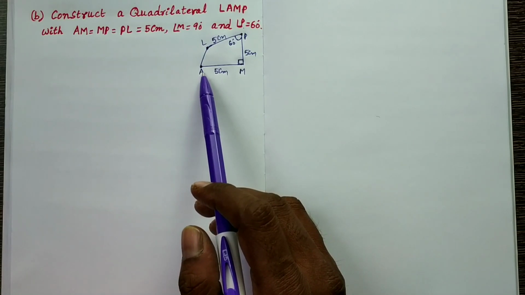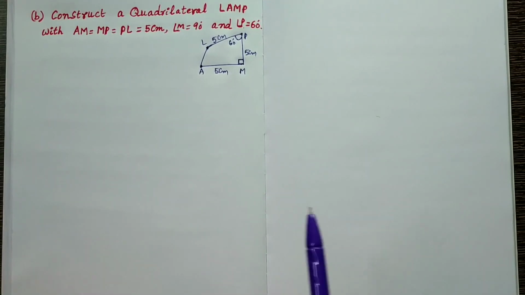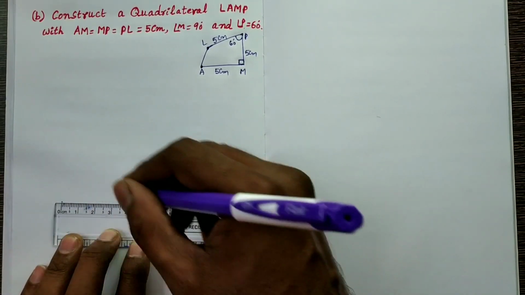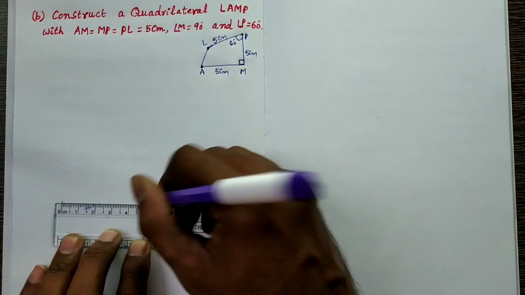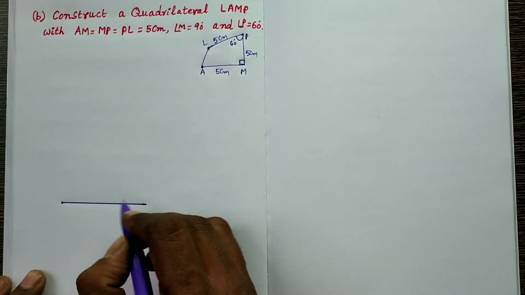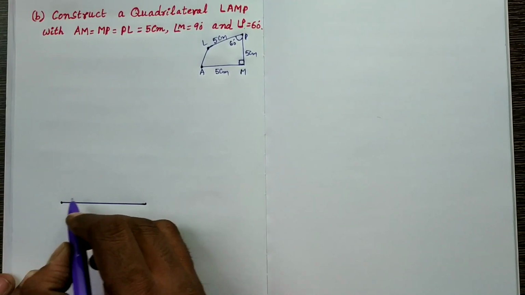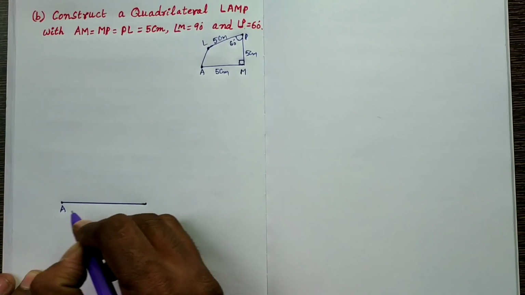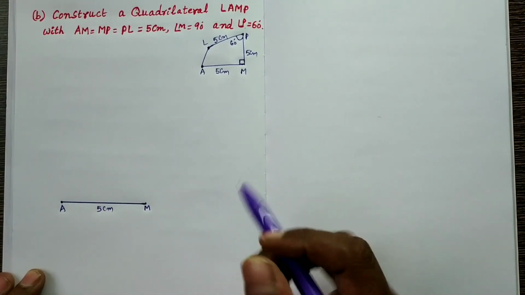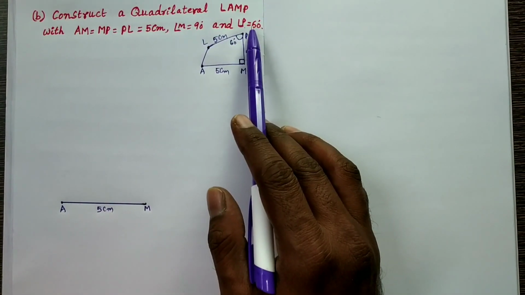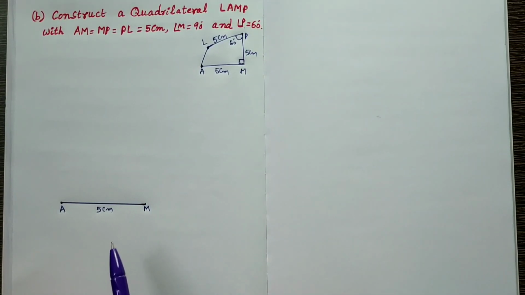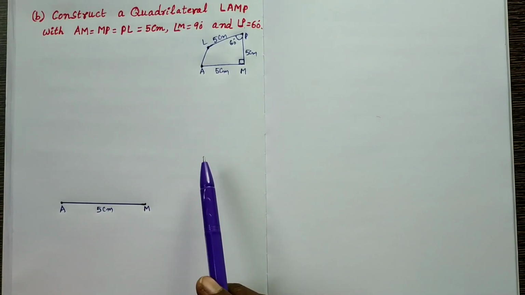Draw a line segment AM = 5 centimeters, from 0 to 5. This is AM, that is 5 centimeters, and here the two angles, 90 degrees and 60 degrees, are standard angles, so we can construct 90 degrees without using a protractor also.